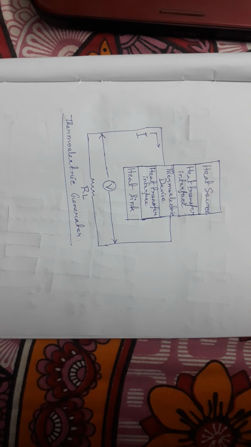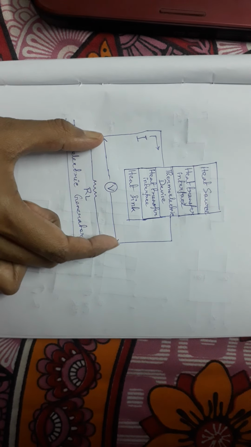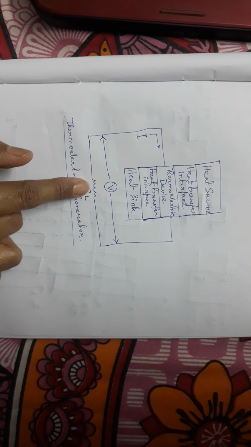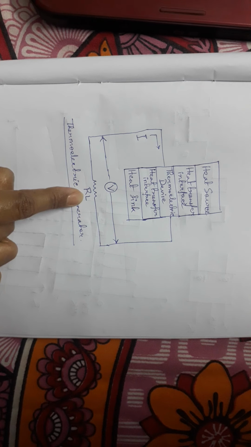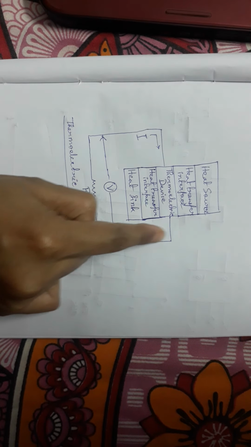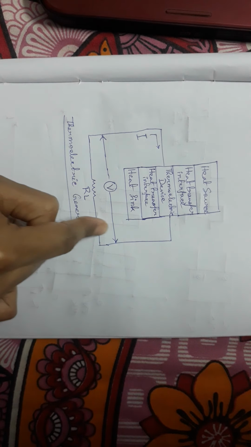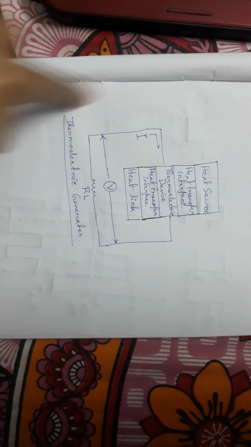That voltage is denoted here by V. Now if we connect an external resistance RL, then a current I will flow like this across this loop. So this is the thermoelectric generator.